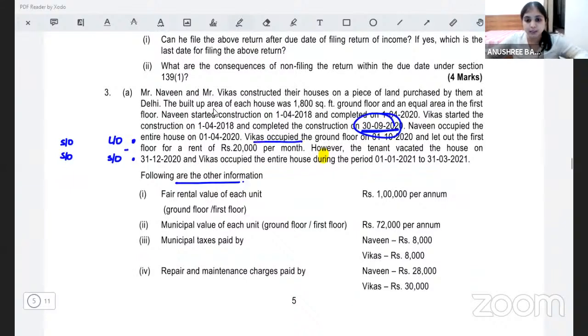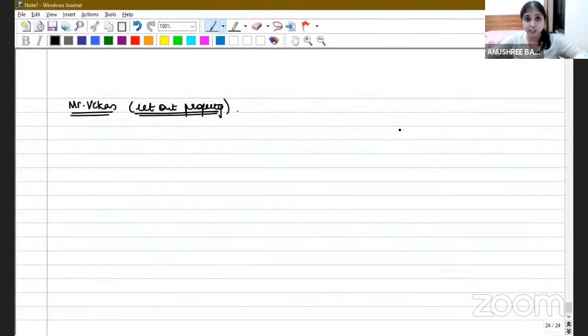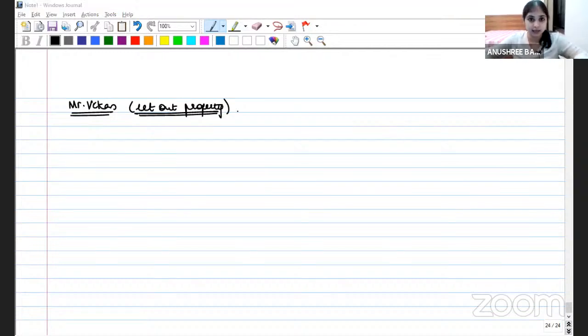Vikas occupied the ground floor on 1st October 2020 and let out the first floor for a rent of 20,000 per month. However, the tenant vacated the house on 31st December 2020 and Vikas occupied the entire house during 1st Jan 2021 to 31st March 2021. So the house was self-occupied for a part of the year. The first floor was self-occupied for one part of the year, let out for one part of the year. We treat as if it is let out for the entire year.